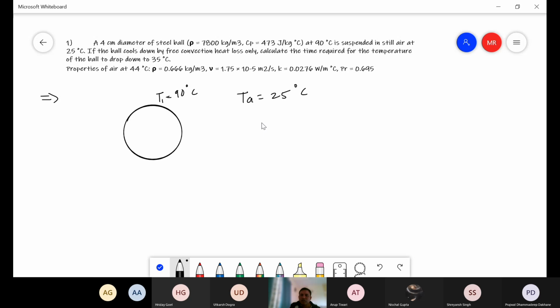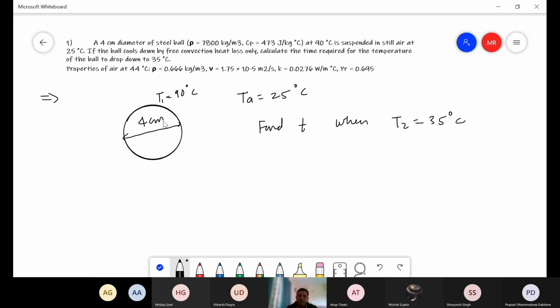We have to find the time when T2 becomes 35 degrees Celsius. This is what the problem is, correct? Again, the diameter is given as 4 centimeter. So is the problem clear to everyone?